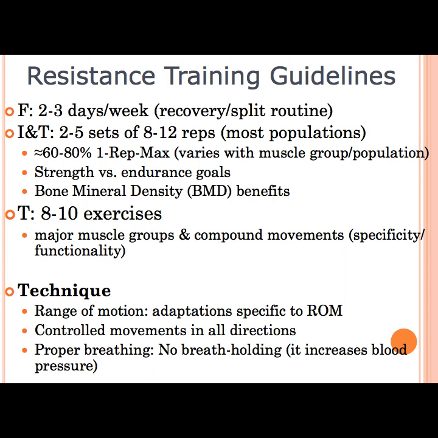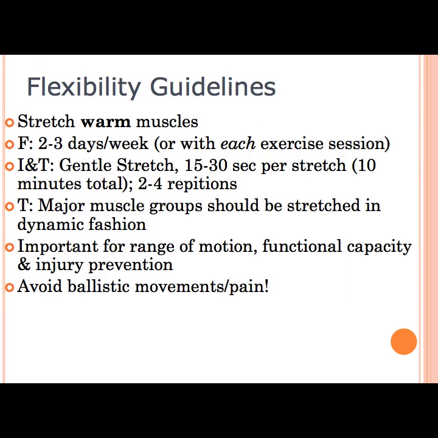So we really want to be cautious of that, because that actually can cause a lot of problems with inducing heart attacks and specifically strokes. So good proper breathing techniques, not bearing down, not holding your breath when you're trying to lift those weights, and making sure that we are encouraging our patients to not do those activities as well.